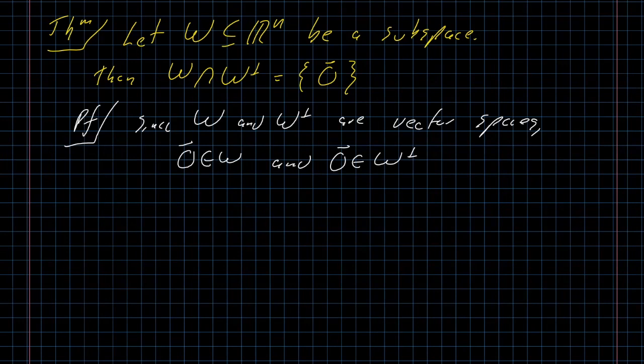Right. Of course, since these are two vector spaces, we know that the 0 vector must be inside of each of them. So the singleton 0 is a subset of the intersection of W and its orthogonal complement, but we need to show that there is nothing else in there.